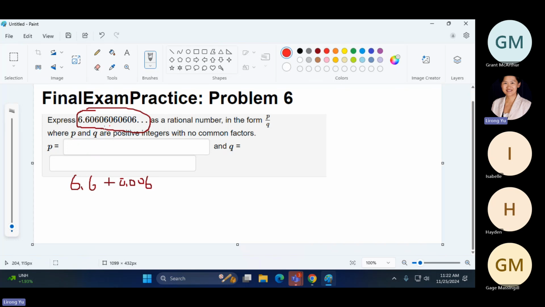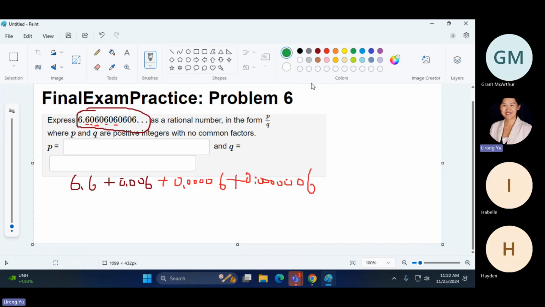So that's handling this decimal, right? And then plus 0.00006, you can see that one has 4 zeros. And then plus the 6 after that is 0.0000006. So the number of zeros is 2, 4, 6, and then 8. So that's a repeated decimal there.